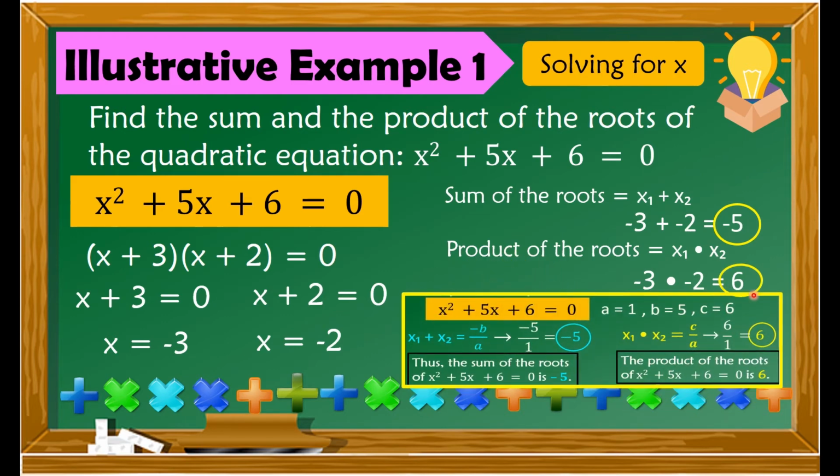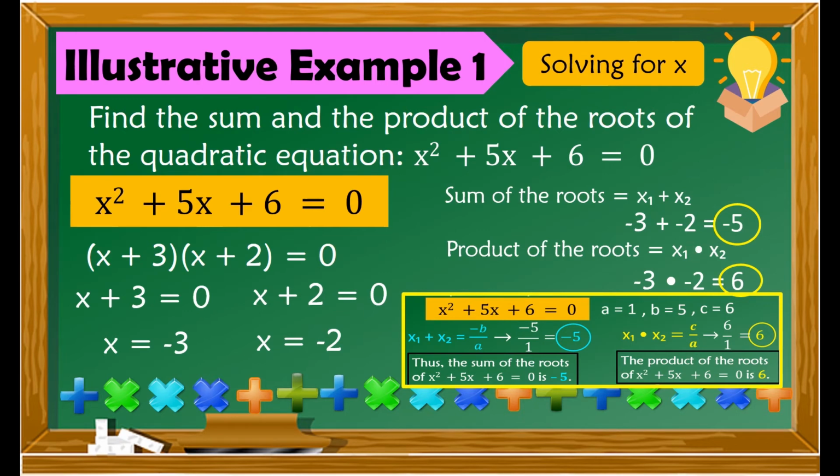Now, we can say that this given formula, which is negative b over a, and for product which is positive c over a, will satisfy the given sum and product. Without solving for the value of x, we can already use this formula. Okay, so we prove it already.